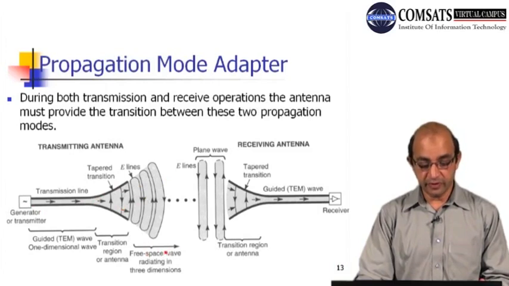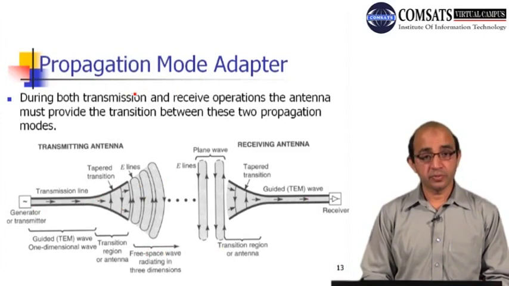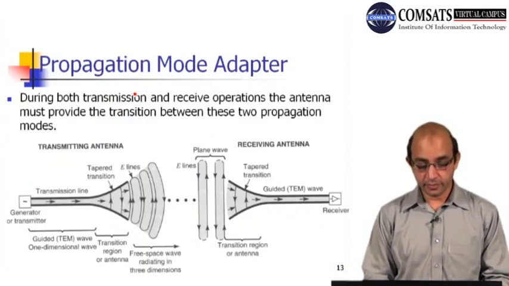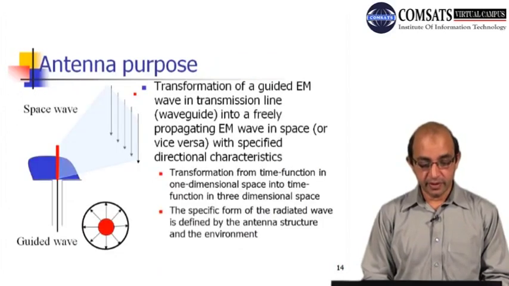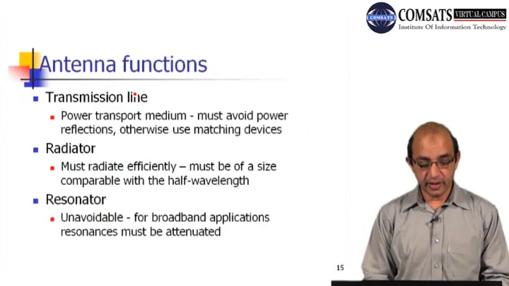In between we have the free space. So you can see the propagation mode adaptation of an antenna, and it is very much clear from the alignment of the waves.